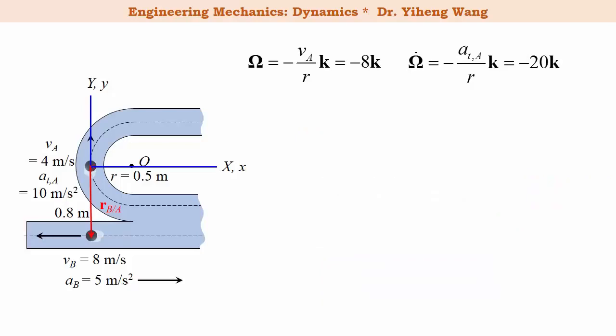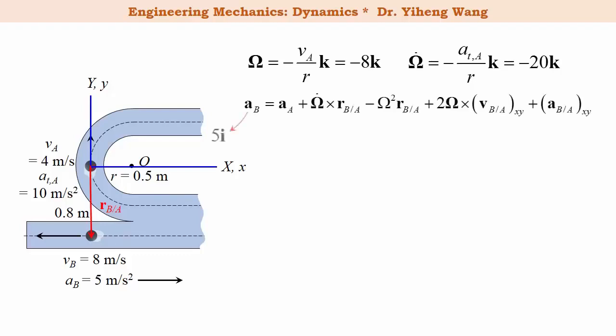Similarly, for the relative acceleration of object B, we are going to use this equation. We do know the absolute acceleration of object B, as well as that of object A. Don't forget, this acceleration has both normal and tangential components. We also know the angular acceleration of this rotating frame. This is the same relative position vector.